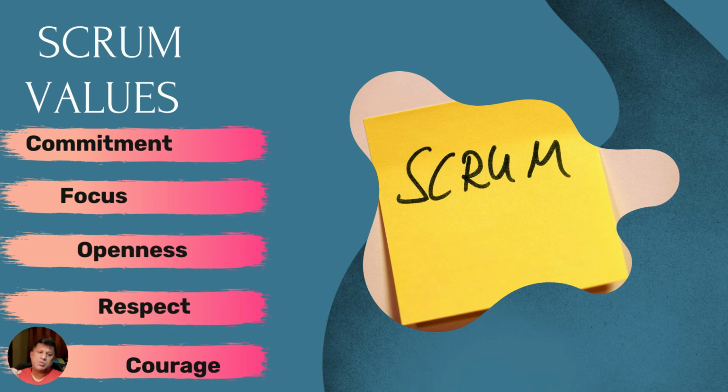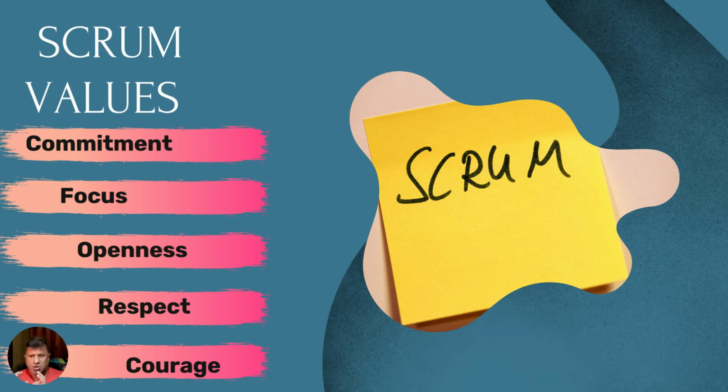That means you need to have that focus on value delivery at every point of time, the focus on optimizing the flow at every point in time, the focus on delivering value, focus to reach that level of perfection as a team, as an individual. Focus is the second value.